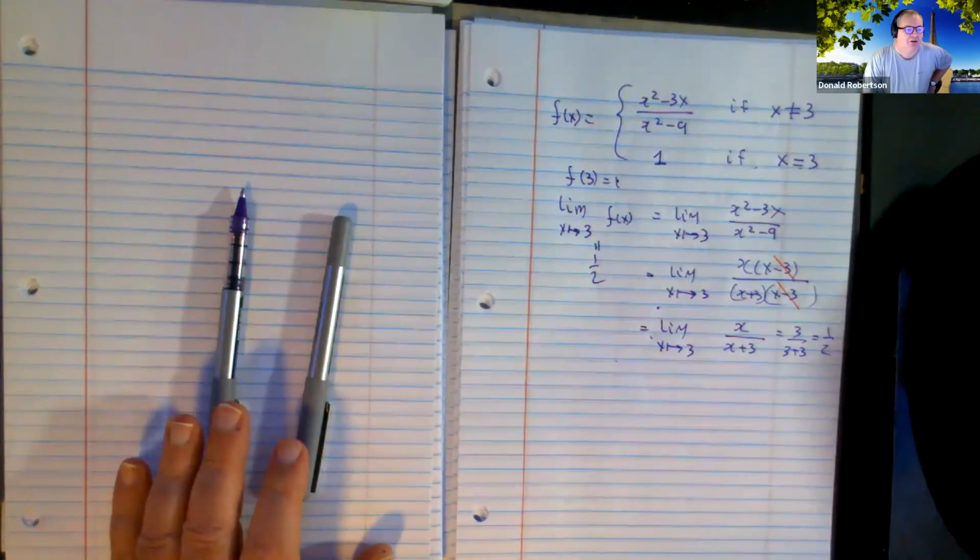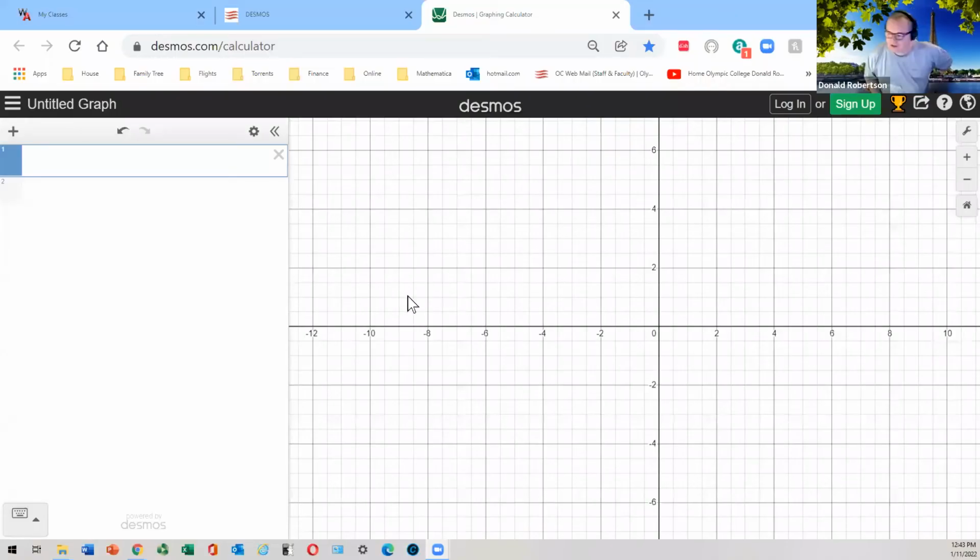Now I'm going to share Desmos, and let's have a look at that guy. Our prediction is that this thing is going to be a removable discontinuity, at least at x equals 3. I know that we've got a different problem to worry about later on, but for x equals 3, that's good. Are you looking at Desmos, guys?